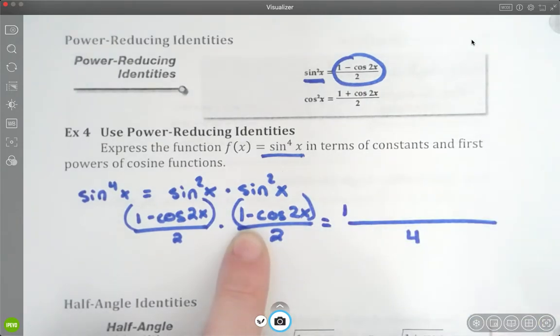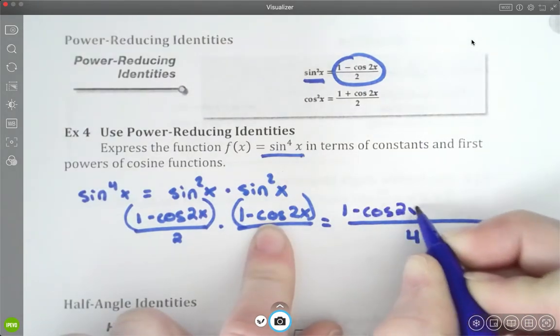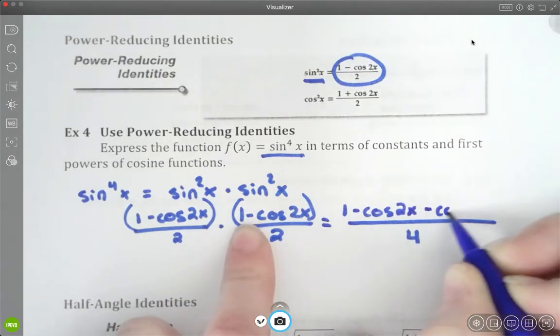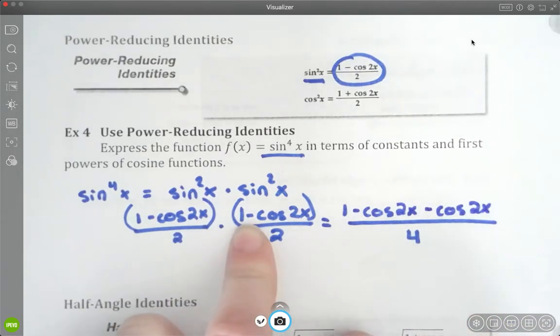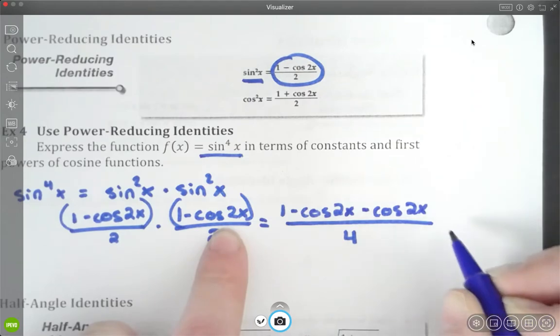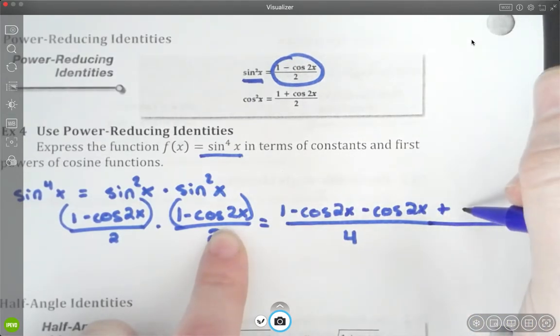That's the easy part. 1 times negative cosine 2x is negative cosine 2x. Negative cosine 2x times 1 is another negative cosine 2x. And what is negative cosine of 2x times another negative cosine of 2x? Cosine of 4x? Positive cosine 4x?